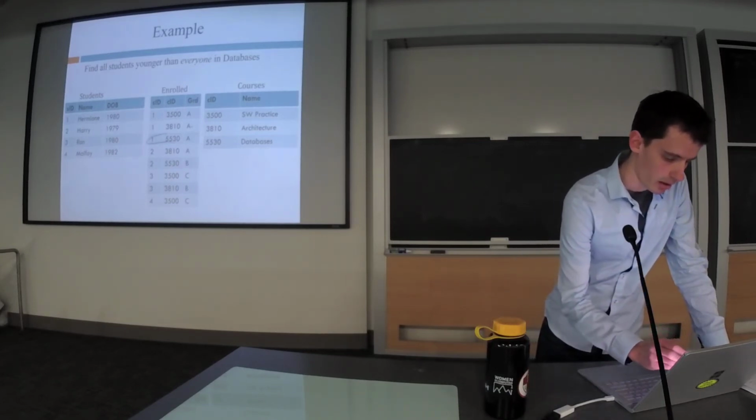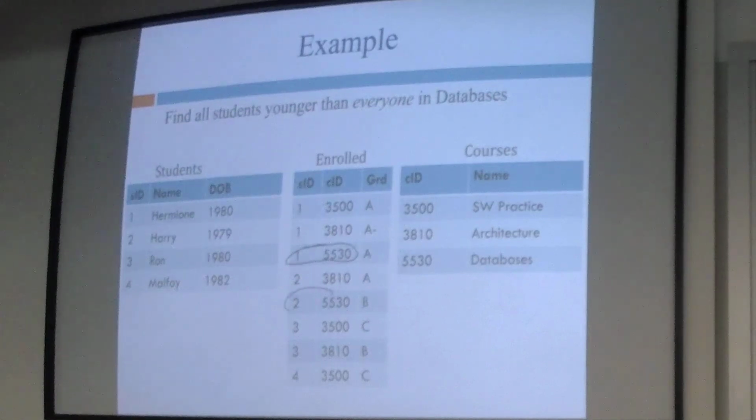Here are the two people in databases, Harry and Hermione. So all students who are younger than both. Ron is not, because he's as old as Hermione. Malfoy is; his birth year is greater, which means he's younger.